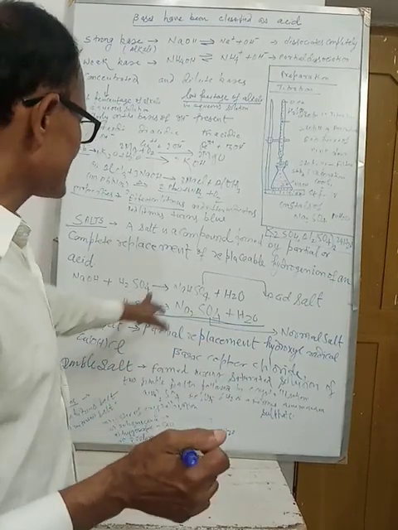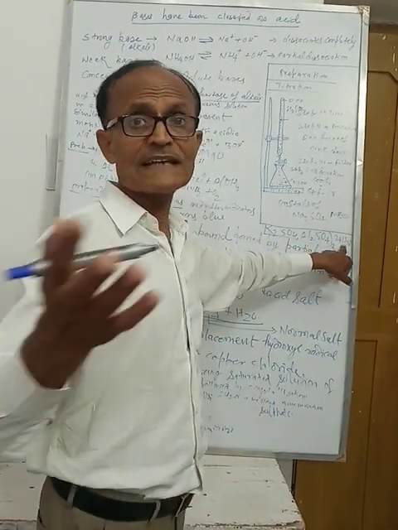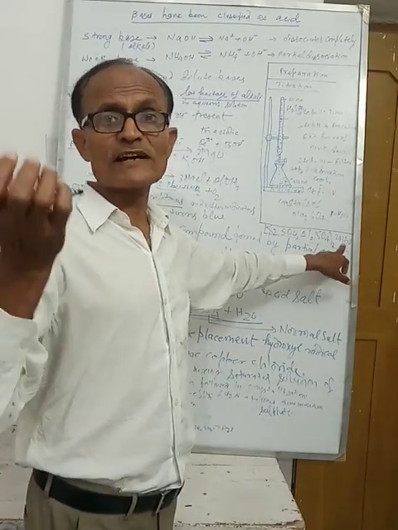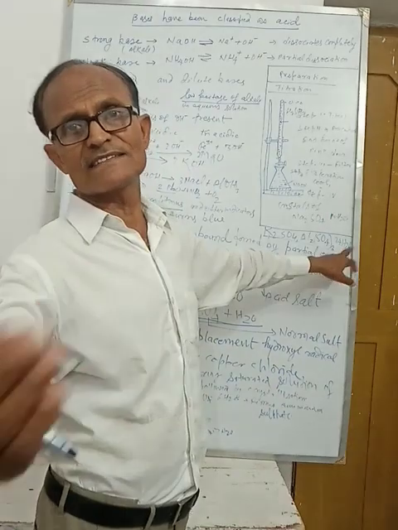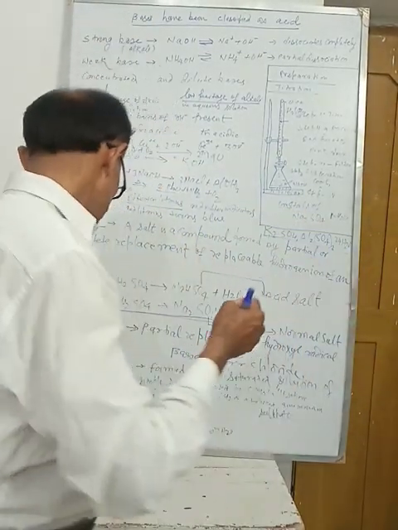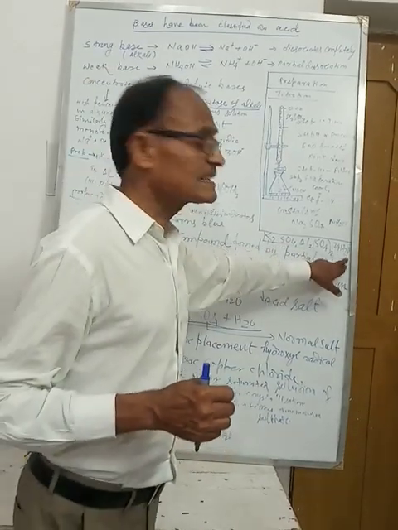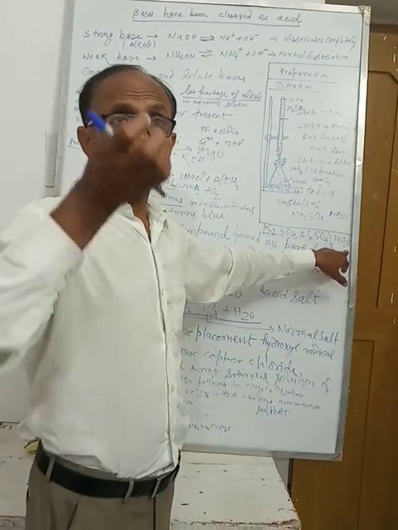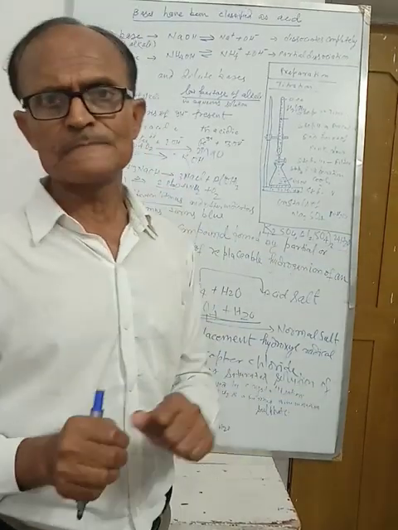We discussed hydrated salt like K2SO4, Al2(SO4)3, 24H2O, that contains a certain number of water of crystallization. So what is water of crystallization? Water of crystallization means those water molecules which are loosely bound with the salt.